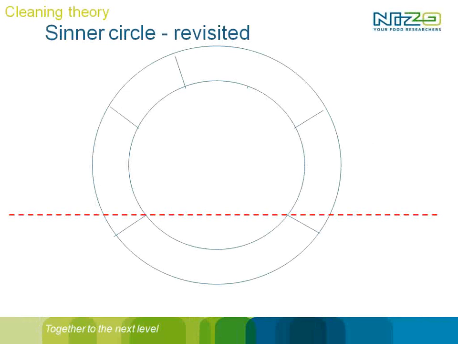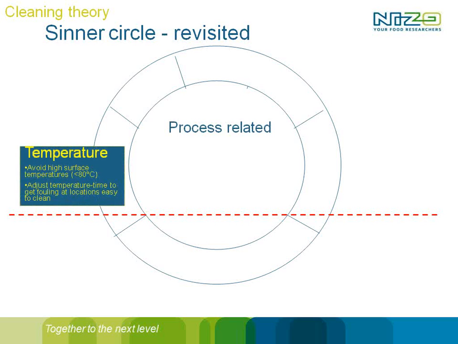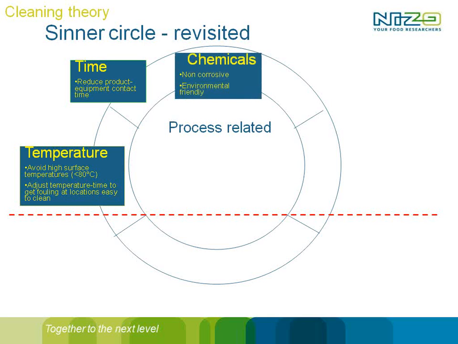Now a very short revisiting of the Sinner circle. I made some changes to it, and you'll see later on why. First, we have the temperature. It's very important to avoid very high temperatures and to adjust the time and temperature to locations that are easy to clean.